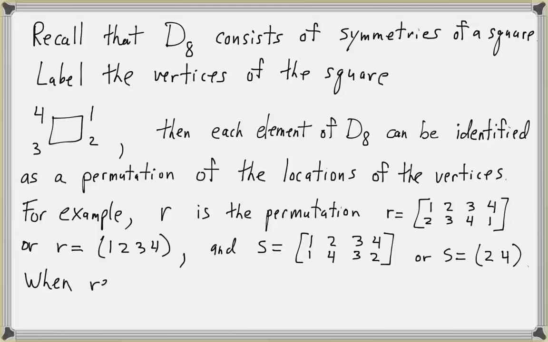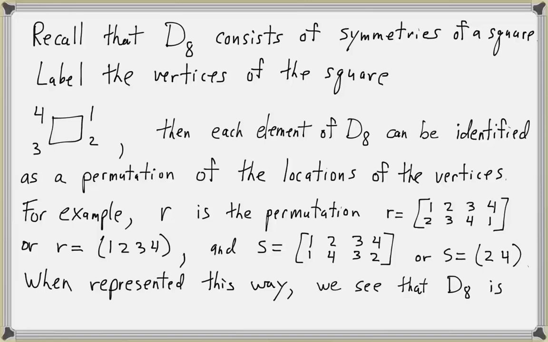So when represented this way, D8 can be represented as a subgroup of S4, the permutations of the numbers 1 through 4.